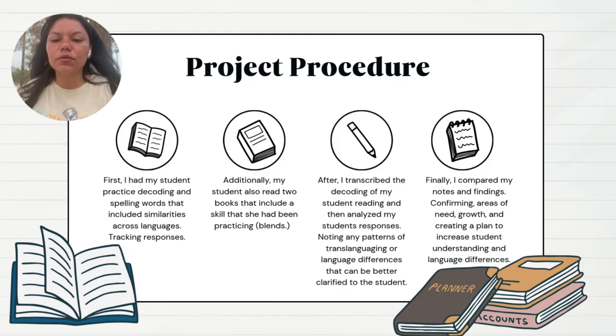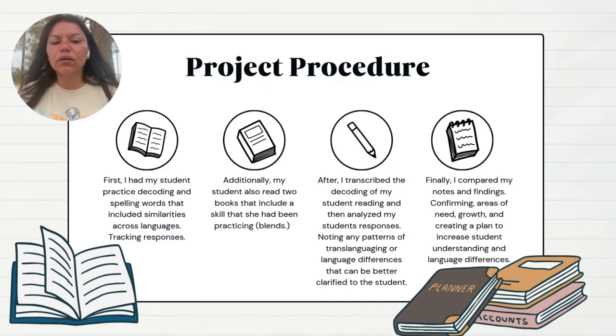After I transcribed the recordings of my student to the best of my ability, I analyzed the responses of her decoding, and I noted any patterns that she may be using, including translanguaging. And finally, I compared these notes in her readings and in other data that I had collected previously that includes her decoding in English and Spanish, as well as her spelling in English and in Spanish.